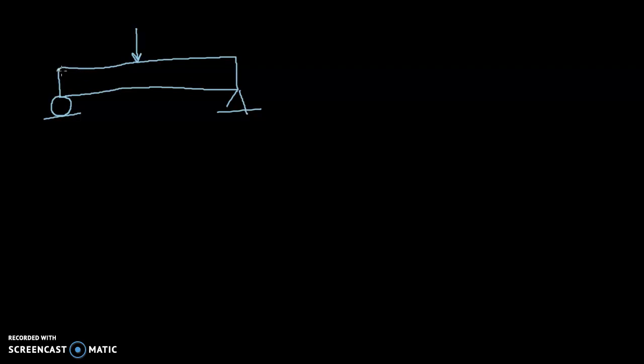So I'm going to change my pen color here and draw in an exaggerated fashion the bending that would occur with a dotted line here. So what happens when the beam bends like this is that if we were to draw vertical parallel lines on the original beam, those lines bend outward with the bending of the beam.